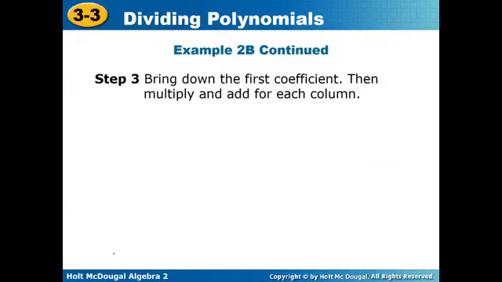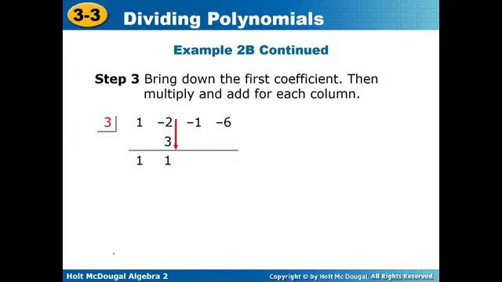Step number 3 is this. Bring down 1. After bringing down 1, multiply 1 and 3 to get 3. Write it in the second column. After that, you combine negative 2 and positive 3, so you will be getting positive 1.